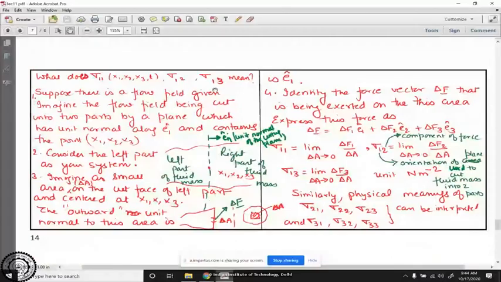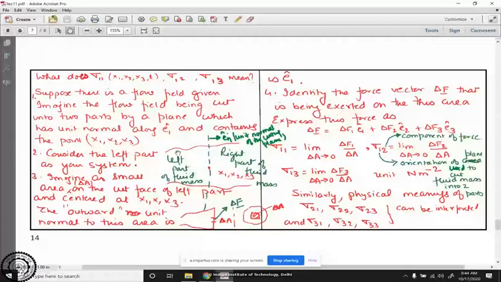Suppose there is a flow field given. Imagine the flow field being cut into two parts by a plane which has unit normal along E1 and contains the point x1, x2, x3. I want to know the physical meaning of sigma 11 at x1, x2, x3, comma t.